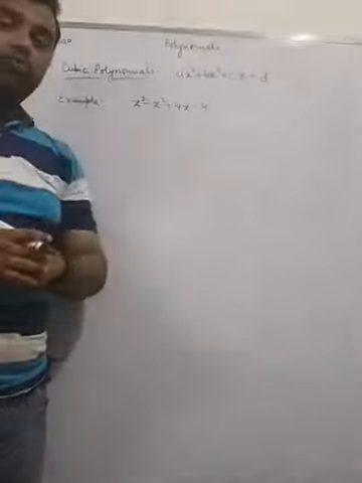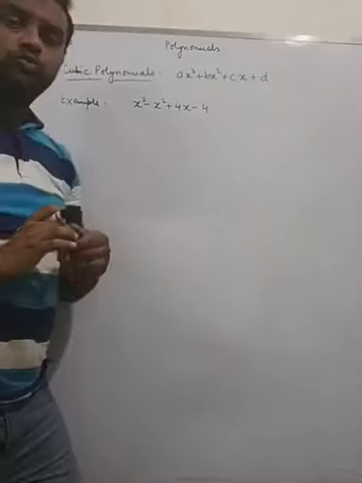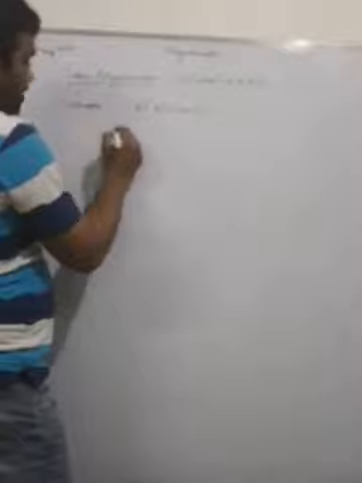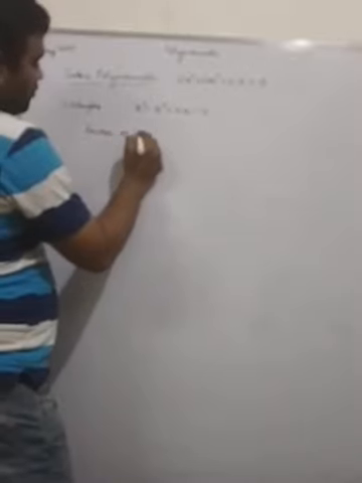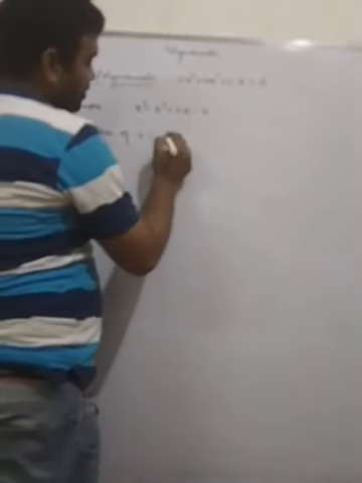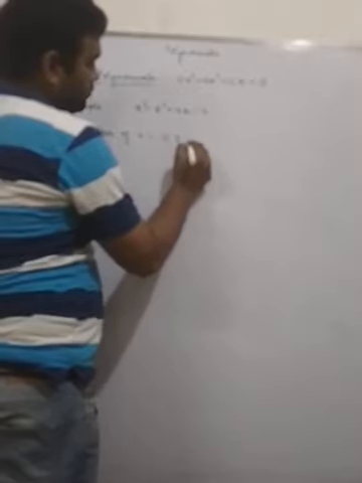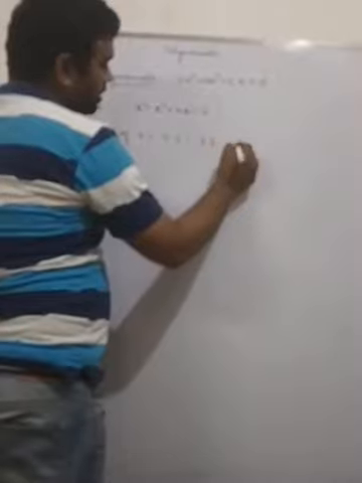This is one of our cubic polynomials, and we are going to factorize it with the hit and trial method. But before that, we are going to find the factors of 4. So factors of 4 are 0, plus minus 1, plus minus 2, and plus minus 4.